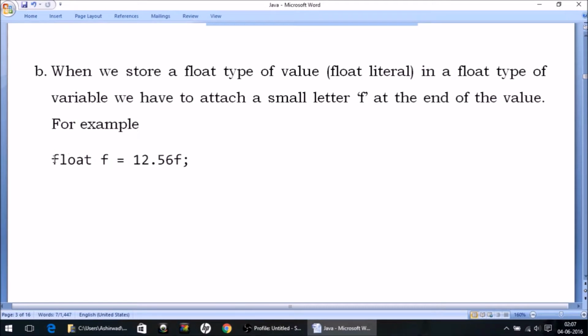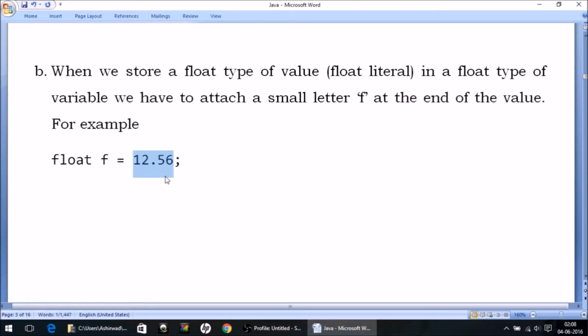If you declare a float type of variable and you want to store some value in it, you must attach small f to it, just like the way I have written here. If you remove this f from this declaration, this line will not be understood by the Java system, by the Java language. Why? Because by default all the fractional values, all the decimal values like this are considered as of double type.